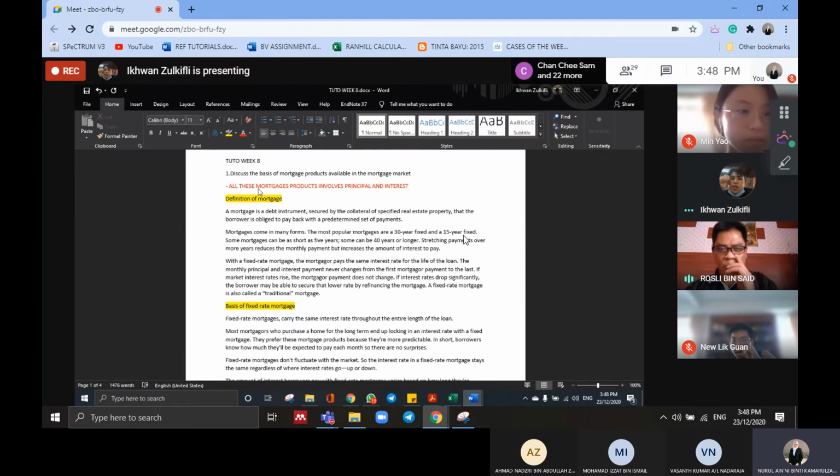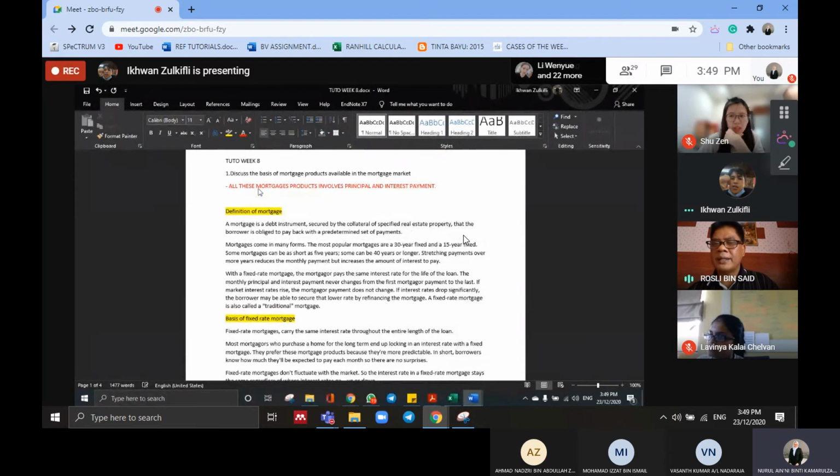Okay, so that's the first one. And then I always mention in the class, no matter what happened to the market, what is the main priority of the banks that provide the loan or provide the finance? To get back the capital amount.